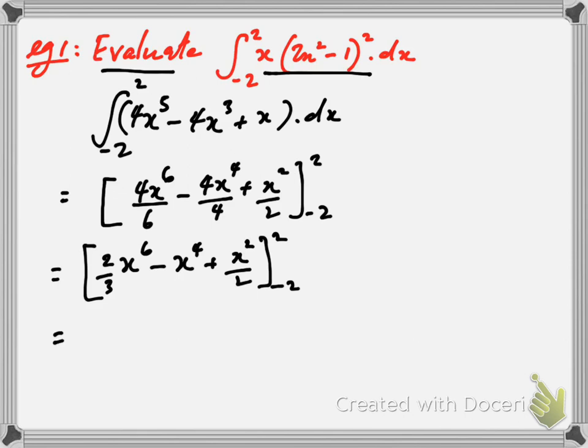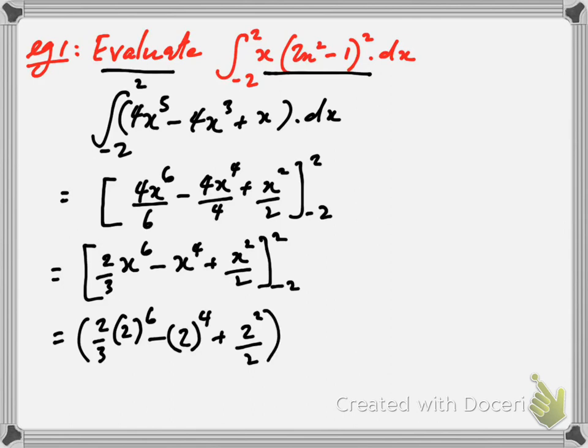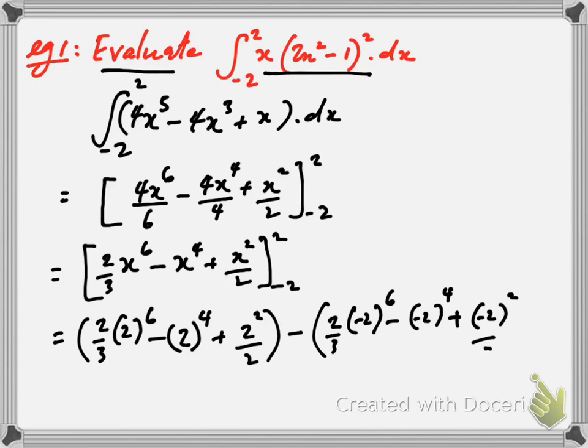So I will substitute 2. So 2/3 times 2 to the power 6 minus 2 to the power 4 plus 2 squared over 2, minus, negative 2/3 times negative 2 to the power 6, minus negative 2 to the power 4, plus negative 2 squared over 2.